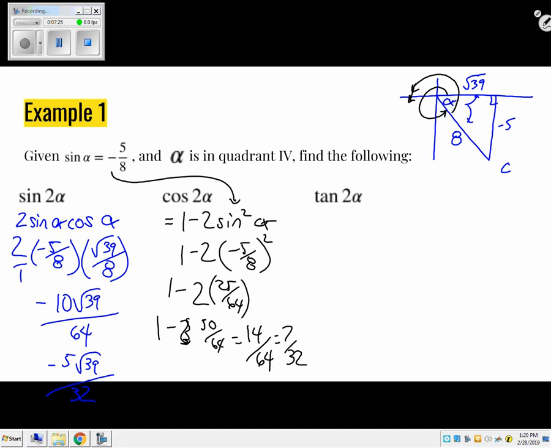All right, let's try tangent. I'm going to write it out to the side here. I might need a little more room since it's a quotient.